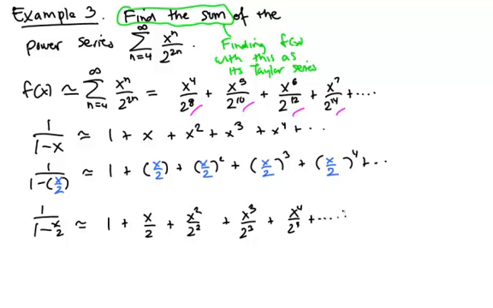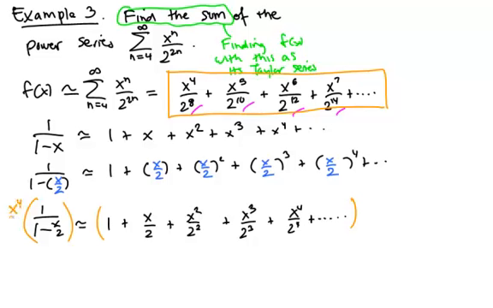Now, that's not quite what I've got up here on this line above. Remember, this is the series we're trying to build. All of the terms in the series above start off with an x to the 4, and they also start off with a 2 to the 8. Well, maybe I could do that by simply multiplying both sides of this series by x to the 4 over 2 to the 8, and seeing what I get.